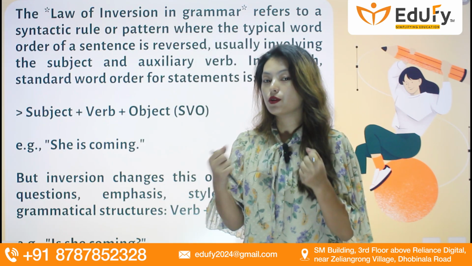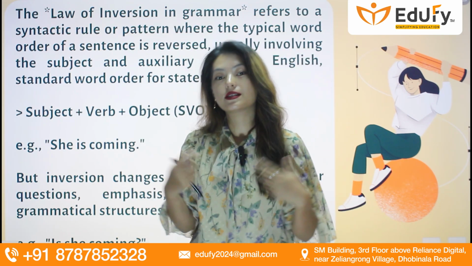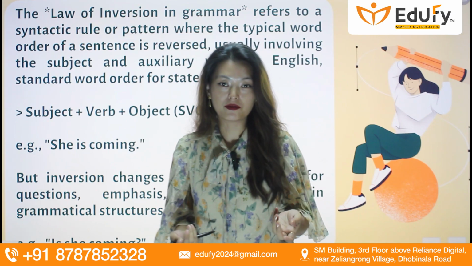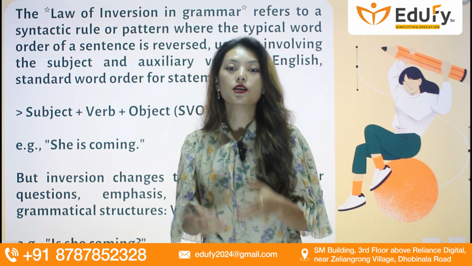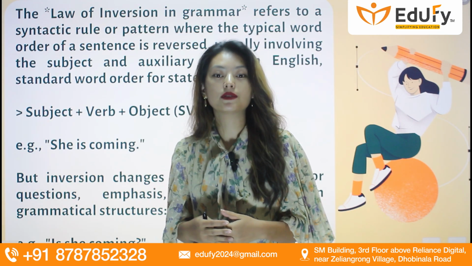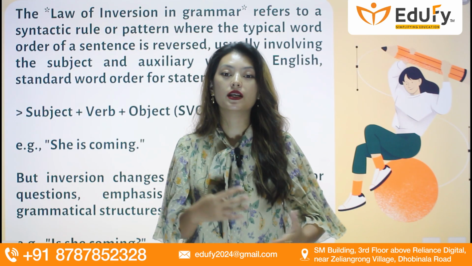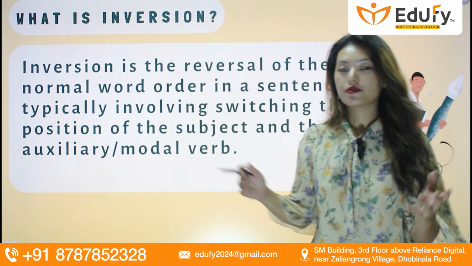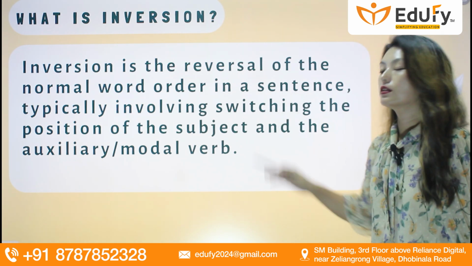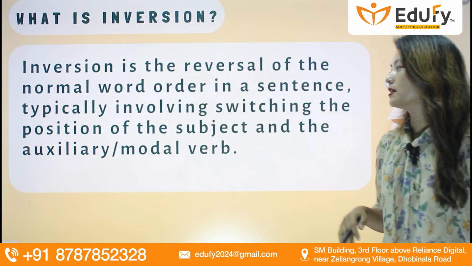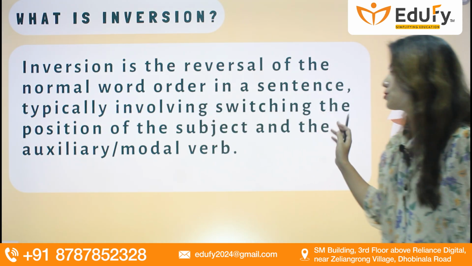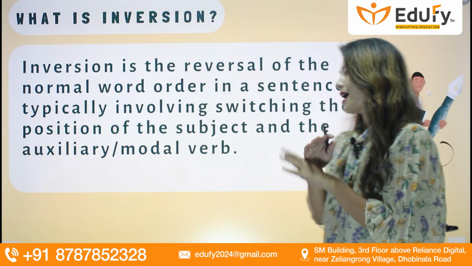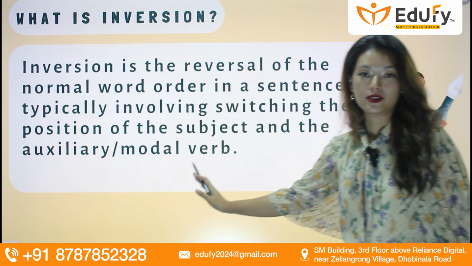Okay, that means we see that the verb or the auxiliary verb, that is the helping verb, comes before the subject to ask a question or sometimes even to show some kind of negativity within the sentence. Now, what is inversion? As I've talked about, inversion is the reversal of the normal word order in a sentence, typically involving switching the position of the subject and the auxiliary or modal verb.